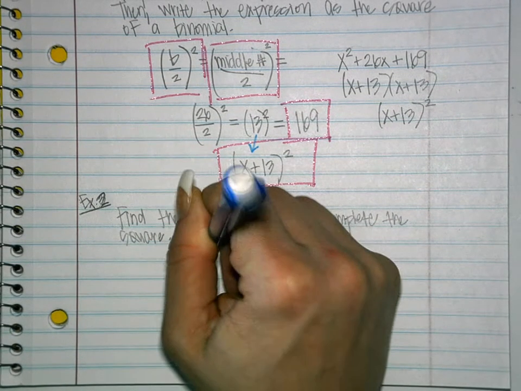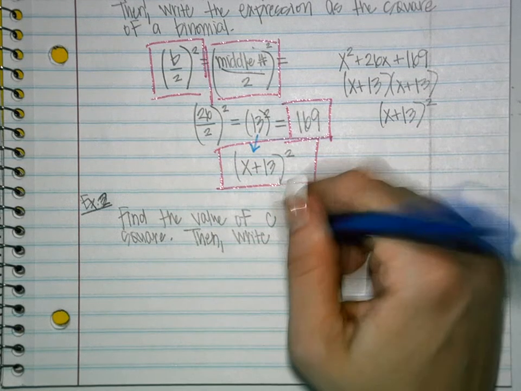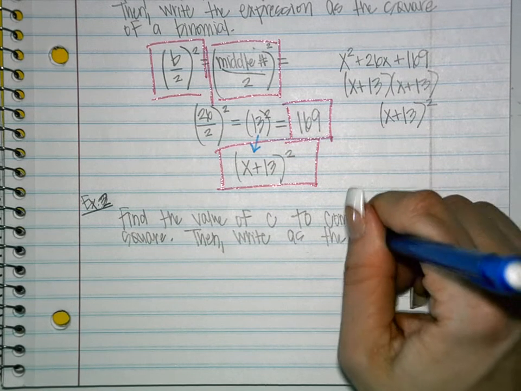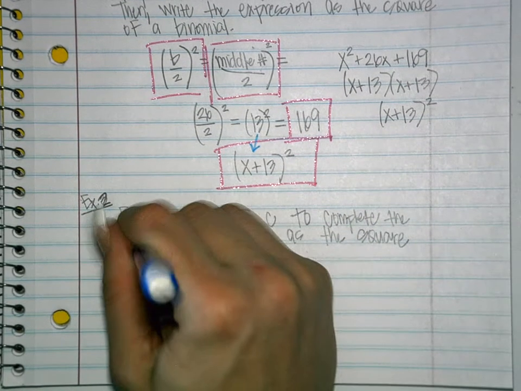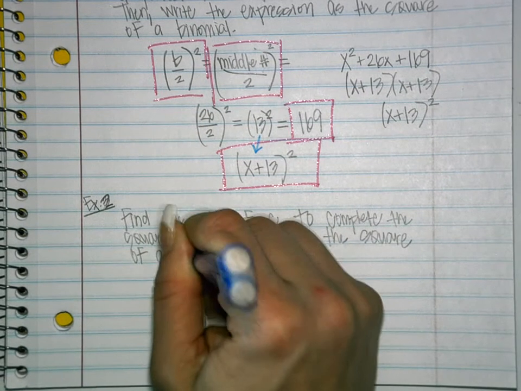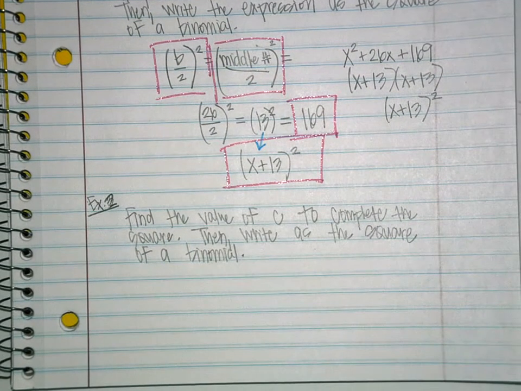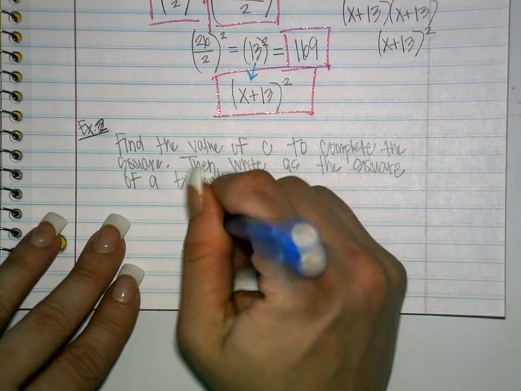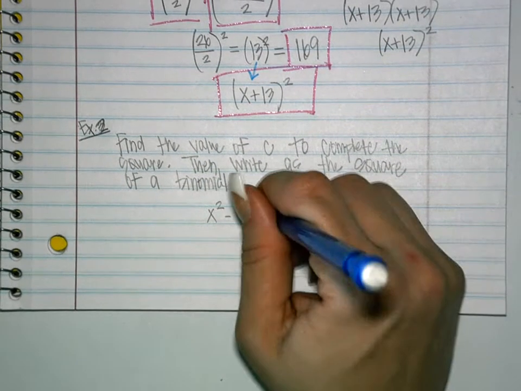Then write as the square of a binomial. So find the value of c to complete the square. Then write as the square of a binomial. x squared minus 4x plus c.